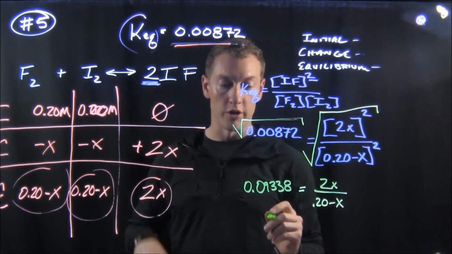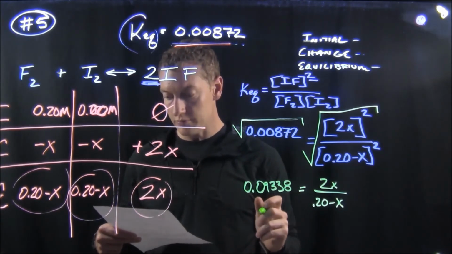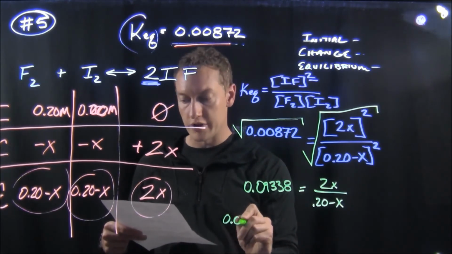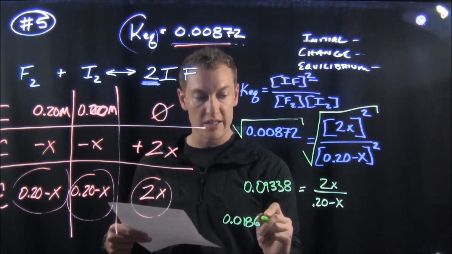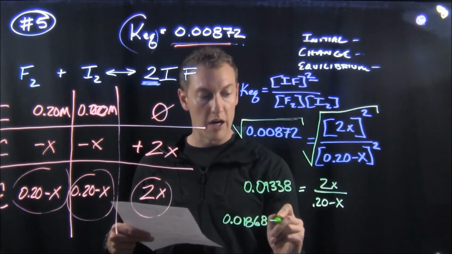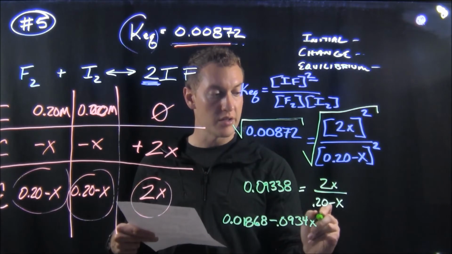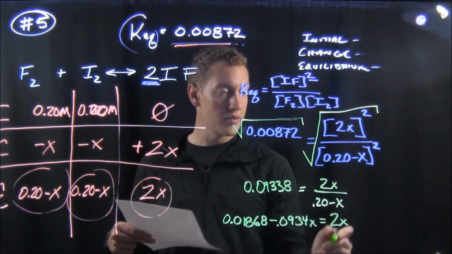So you end up with 0.01868 minus 0.0934x equals 2x.